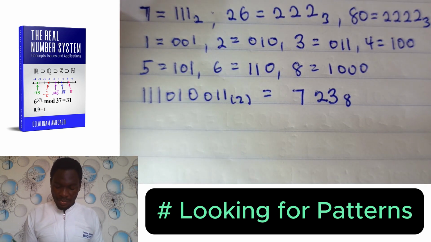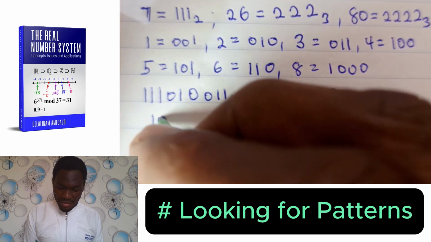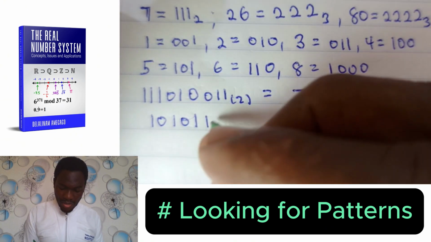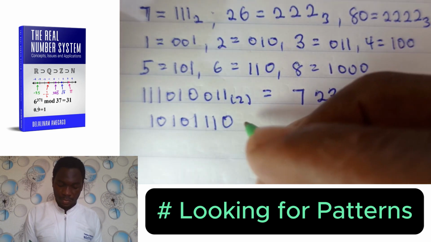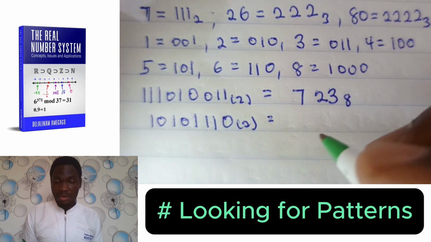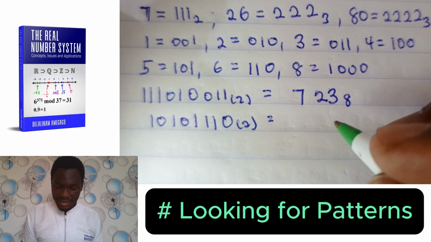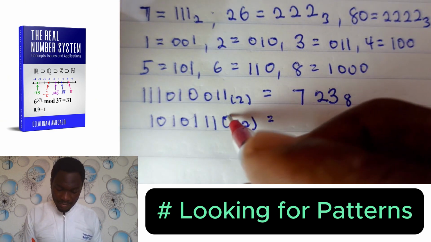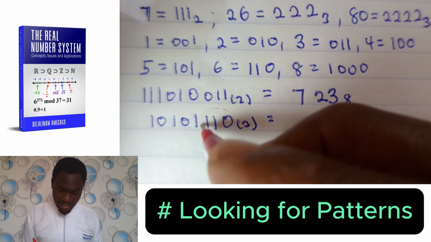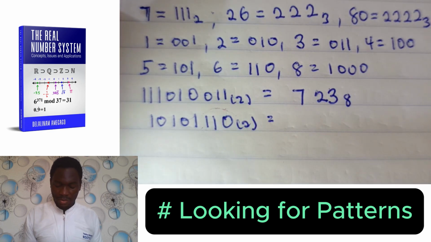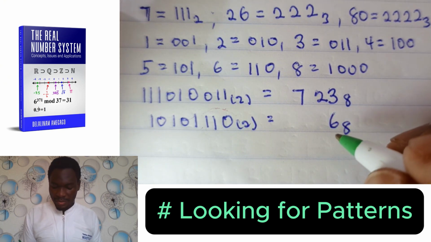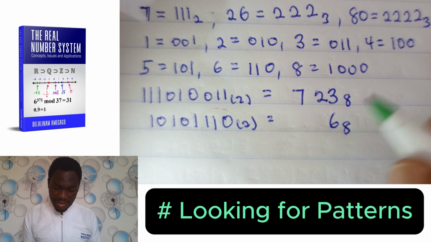Let's look at another example. We have 1, 0, 1, 0, 1, 1, 1, 0 in base 2, and we want to write that in base 8. Again, my first 3 from the right is 1, 1, 0. That is 6. So 6 in base, I'm not done yet.